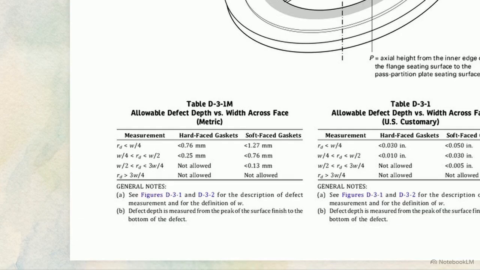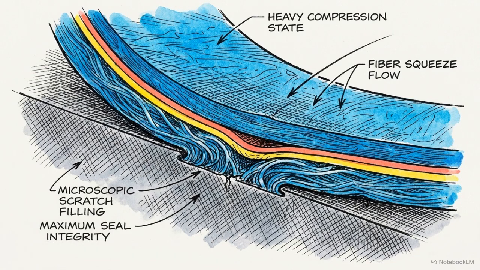Next is the critical danger zone, defects spanning past the halfway mark, taking up to 3/4 of the flange face. In this zone, hard-faced gaskets tolerate absolutely zero defects. Any scratch this wide is an automatic failure. Highly compliant soft gaskets still permit a microscopic 0.13 millimeters of depth here, but the margin is razor thin.